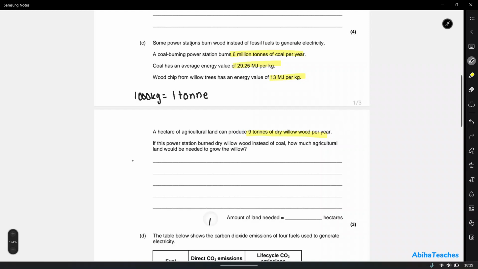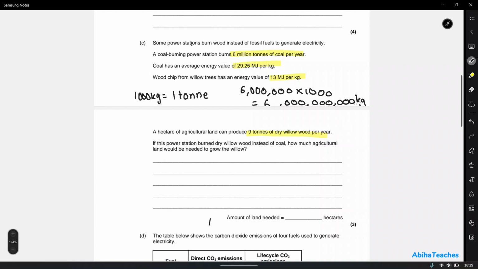So what we need to do is 6 million multiplied by 1,000 to give us this in kilograms.